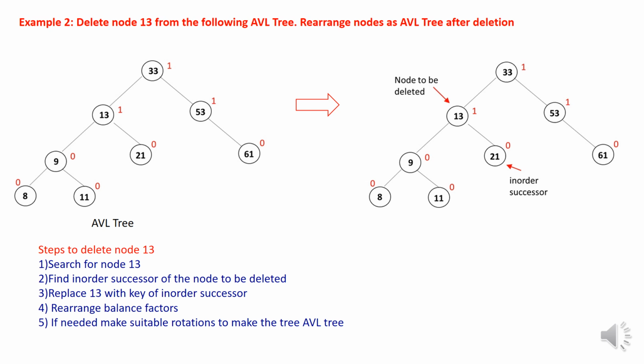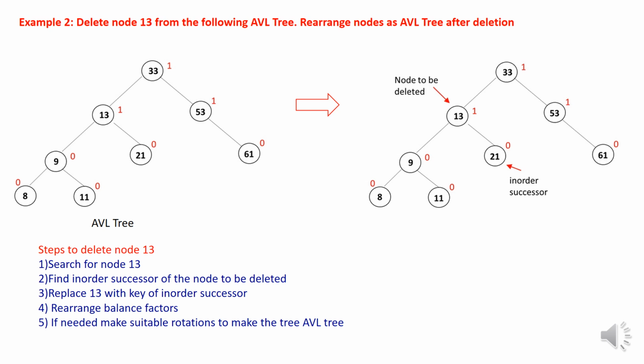So first search for node 13. Node 13 has both a left tree and a right tree. If a node to be deleted has both left and right subtrees, find the in-order successor. Here the in-order successor is 21. Observe figure 2. 13 is the node to be deleted and 21 is its in-order successor.